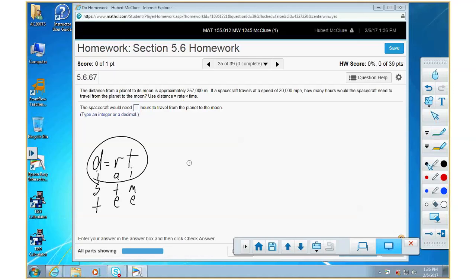So distance equals rate times time. Time is equal to distance divided by rate. Rate is equal to distance divided by time. So with this one formula, you have two other formulas that can be solved for.